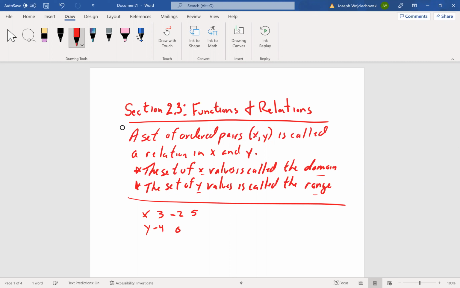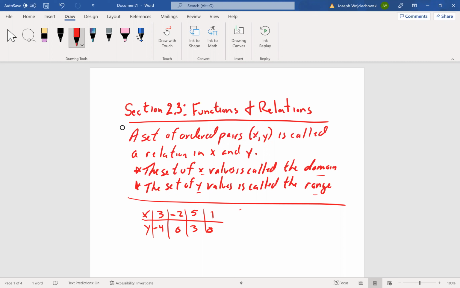X is 5, Y is 3. X is 1, Y is 0. This would be what we're looking at, and what we want to do is write the set of ordered pairs that defines this relation.